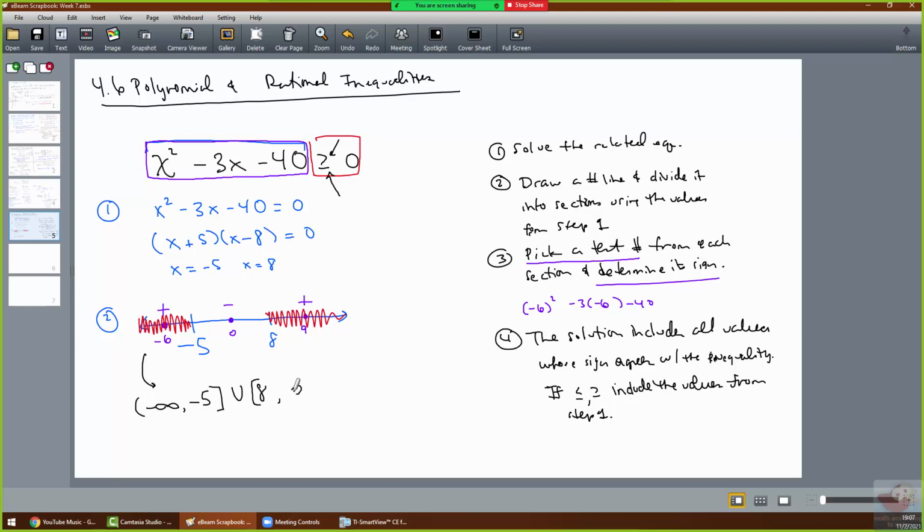And it goes all the way to the right, so infinity. So these are the values of x that make x squared minus 3x minus 40 greater than or equal to 0. Please note, it's not that the x's are greater than or equal to 0. It's that when we plug it into the expression x squared minus 3x minus 40, that number is greater than or equal to 0.